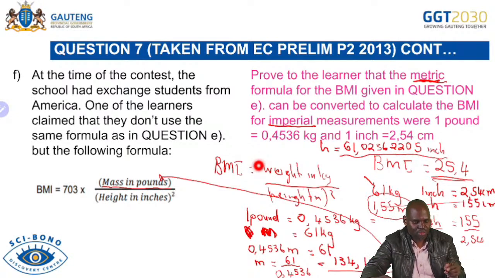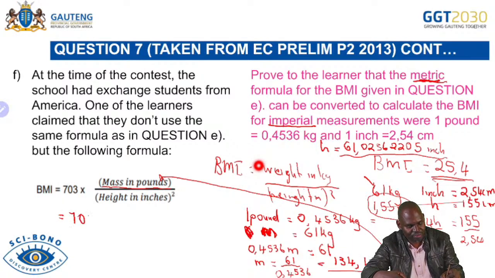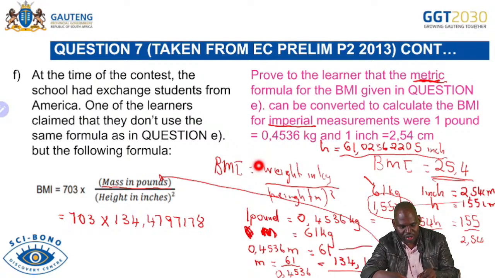We can easily substitute. Remember, we expect our answer to be 25.4. So we say 703 multiplied by, we take 134.4797178. It's this one.